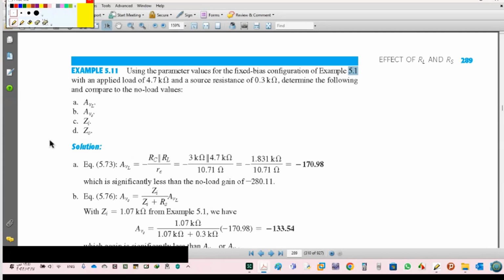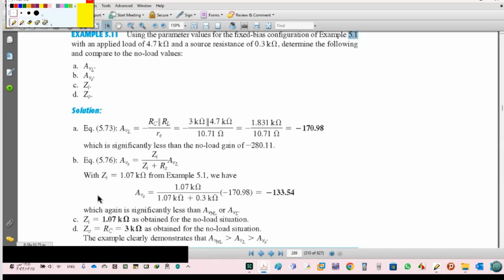So, equation, excuse me, I have to calculate AVL. It's minus RC RL over RE. Then I have to calculate AVS. See here, it's 133, here 170. It was there, for example, with load, without load, that's 280.